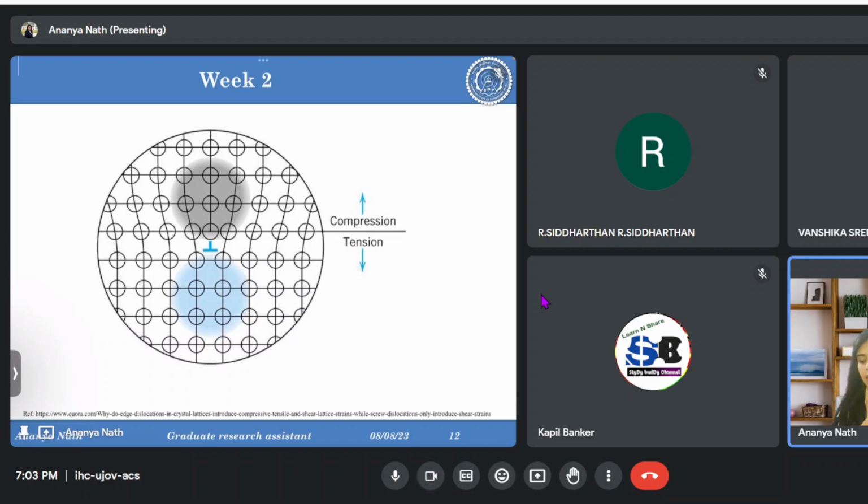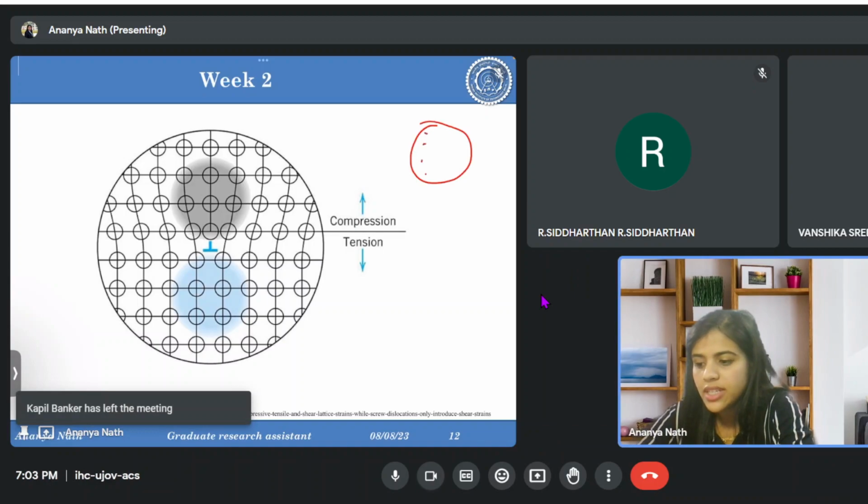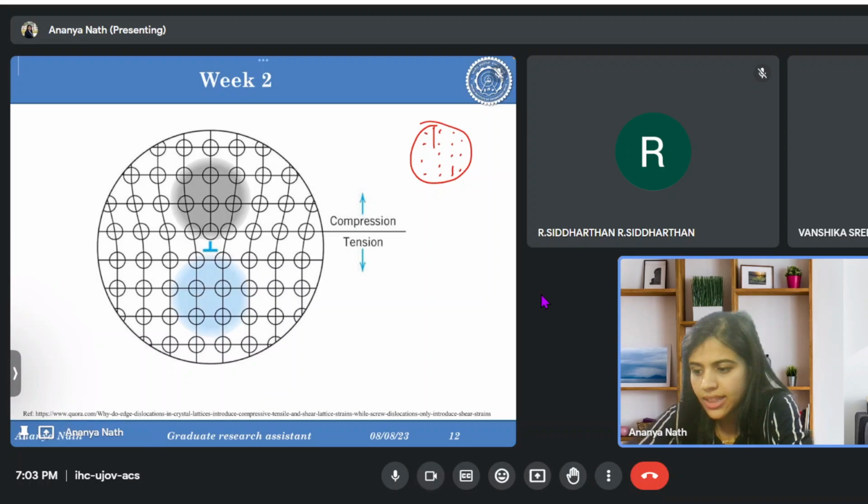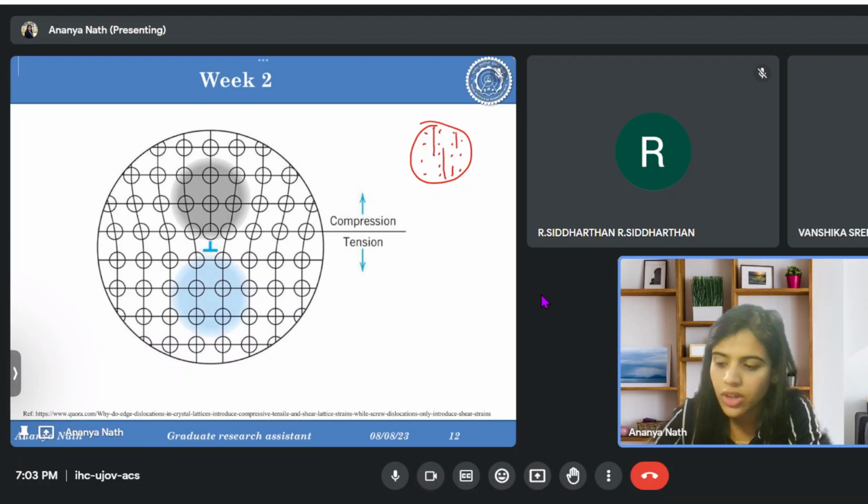As I said, if there is a particular atom, there will always be dislocations present, and those dislocations will always try to move, but our job will be to stop the dislocation movement by adding some solutes, or constituent elements of a particular metal alloy.